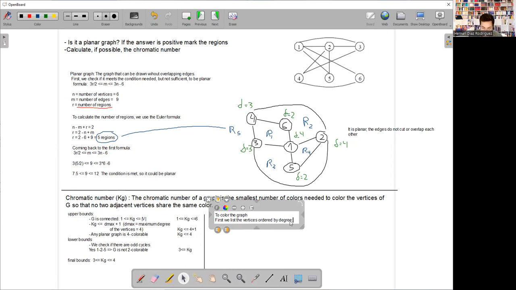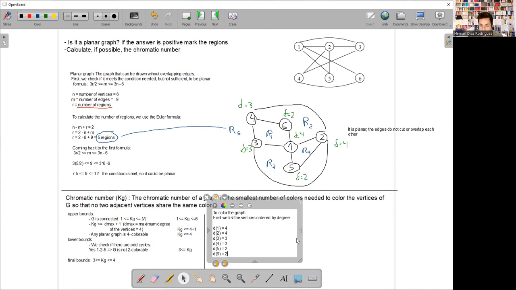So we start with the vertices with the higher degree, which are the vertex 1, whose degree is 4, then the vertex 2, whose degree is 4, the vertex 3, whose degree is 3, the vertex 4, whose degree is 3, the vertex 5, whose degree is 2, and the vertex 6, whose degree is 2, right?